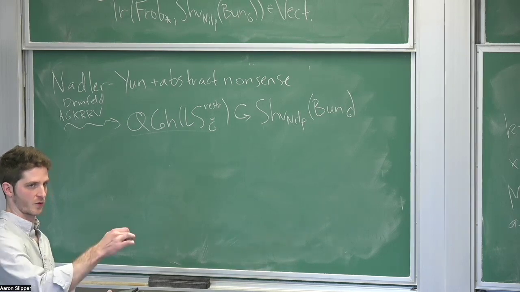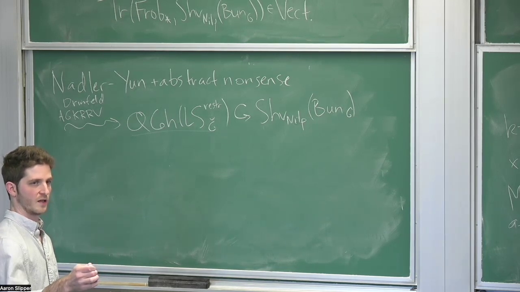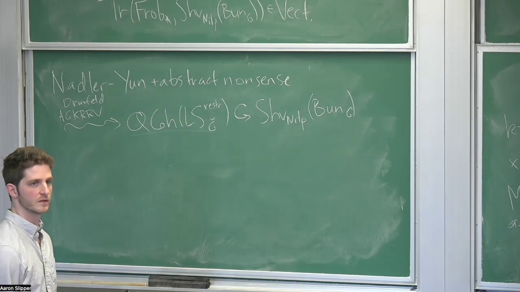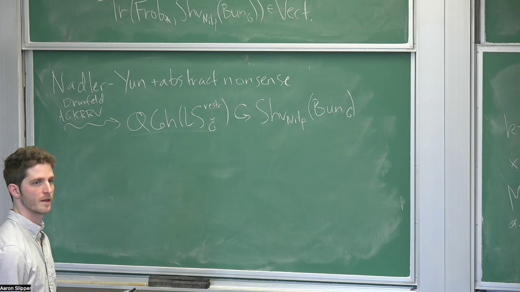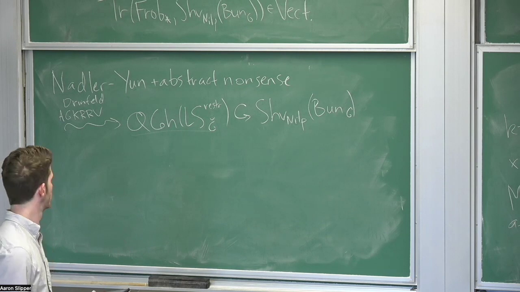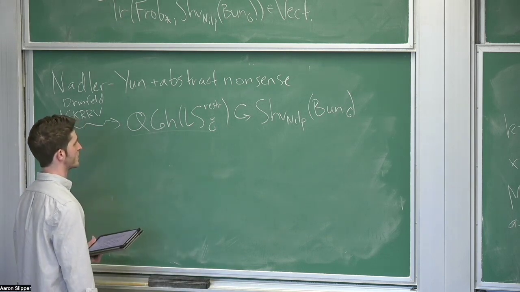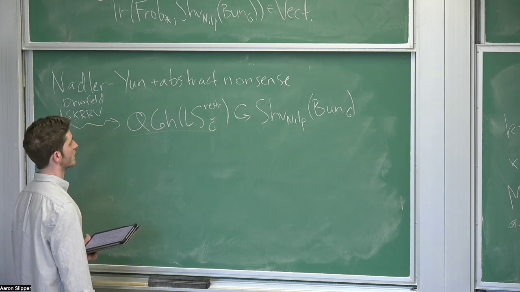The skyscraper should correspond to a kind of distinguished eigensheaf. The skyscraper sheaf should give an operator, an endofunctor on the right-hand side. Oh, I see what you're saying. Yeah, it's an endofunctor.